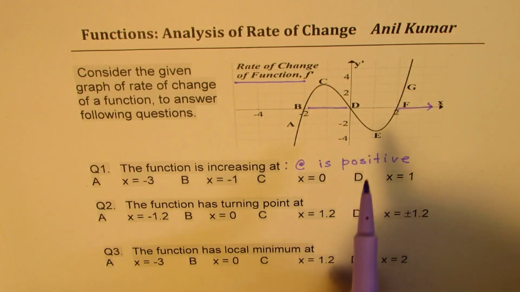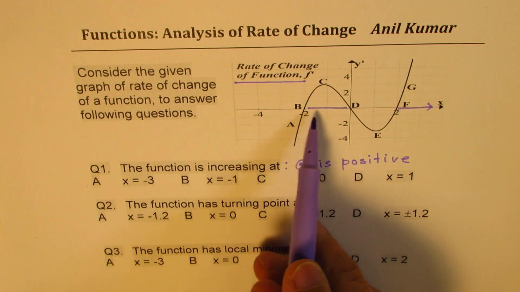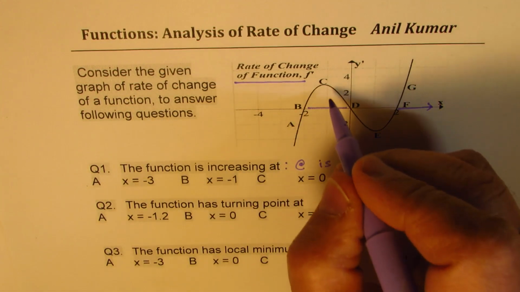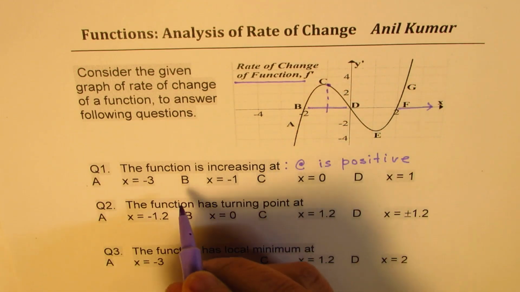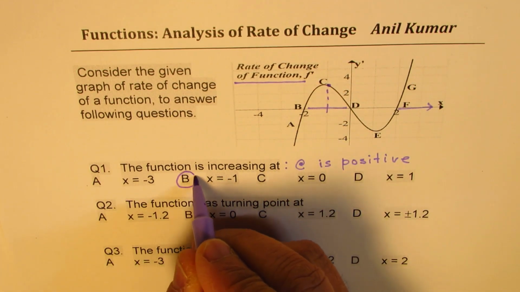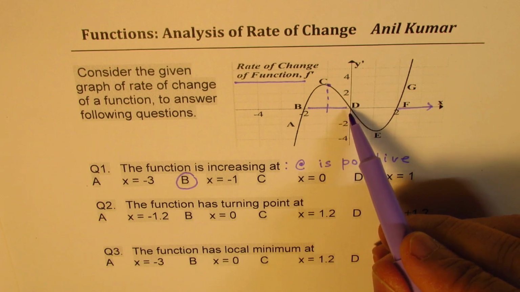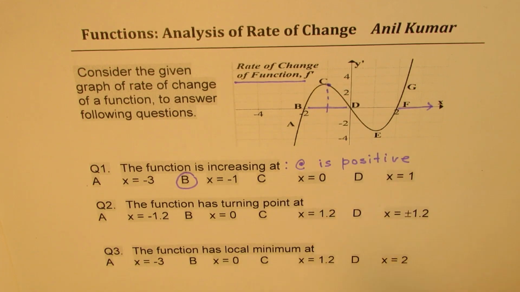So we have to look for a point within these intervals. -3 is on the left side, so it is not increasing. X equals -1 is somewhere here, and it falls in this interval. So that is definitely a point where the function will be increasing, correct? Now this is kind of a different point, so that is our best answer, correct?